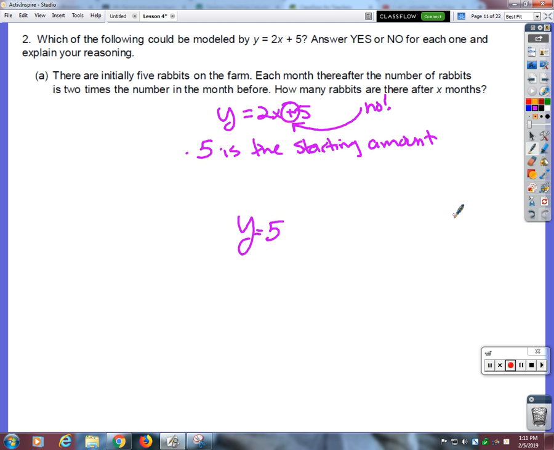Yeah, the nth power, but what's being raised to the nth power? Not the 5. The 2. Good. I'm just going to go ahead and use x, okay? So 5 is the starting amount, but since it's multiplying by 2 each time, that means that we're going to use an exponential equation, not a linear equation.